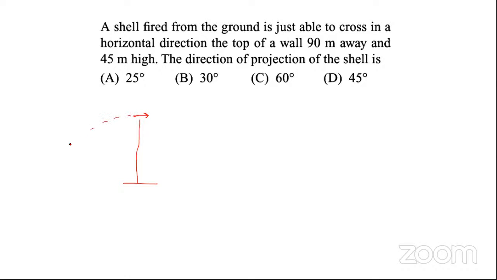So it must have come somewhere from here, and it will go towards here. So this will be our complete range. It is given that it's 90 meters away and 45 meters high.